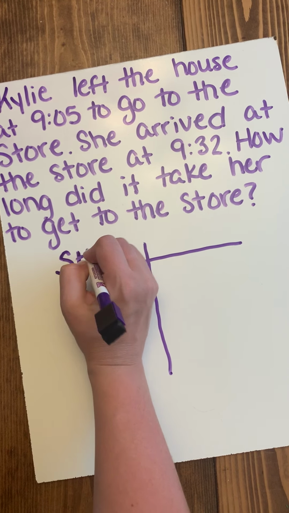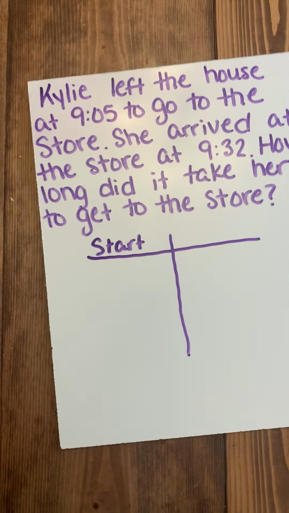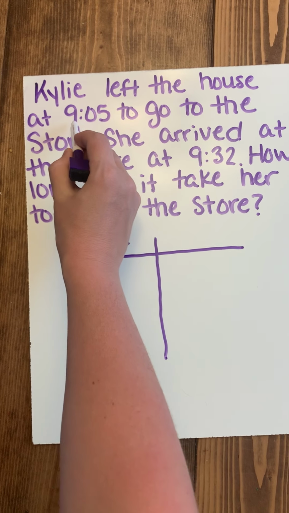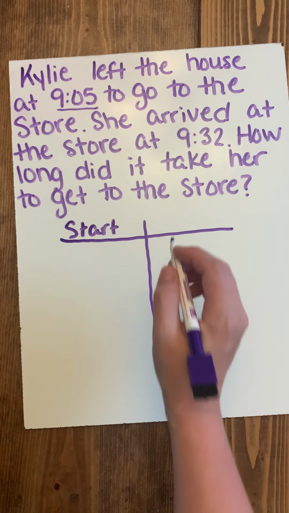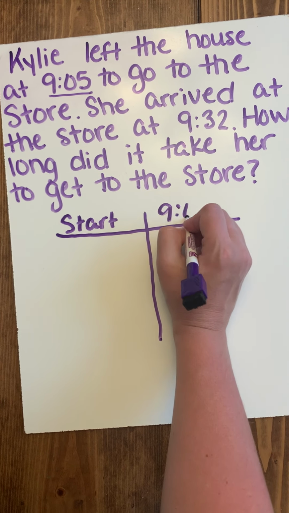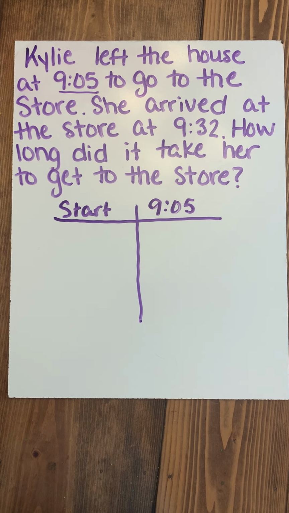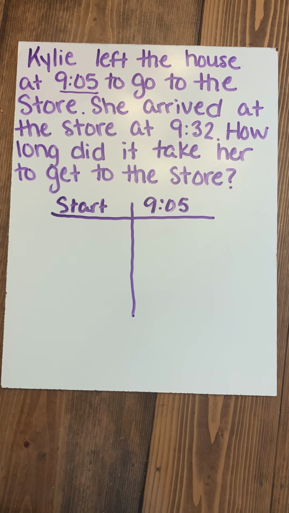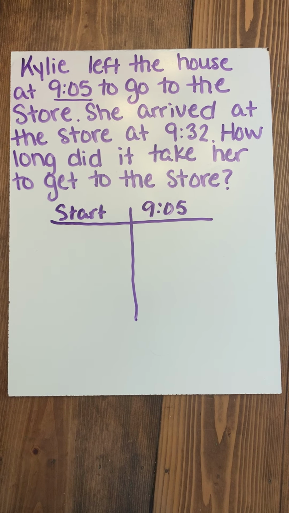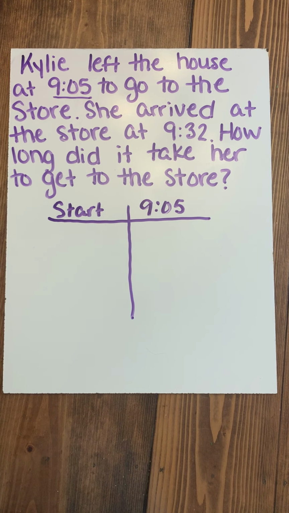If you go back and read your word problem, you can see that her start time is the time she left the house, which is 9:05. So my start time is 9:05. I'm going to use the left side of my T-chart for the time increments, and the right side is where I'm going to be writing the time.